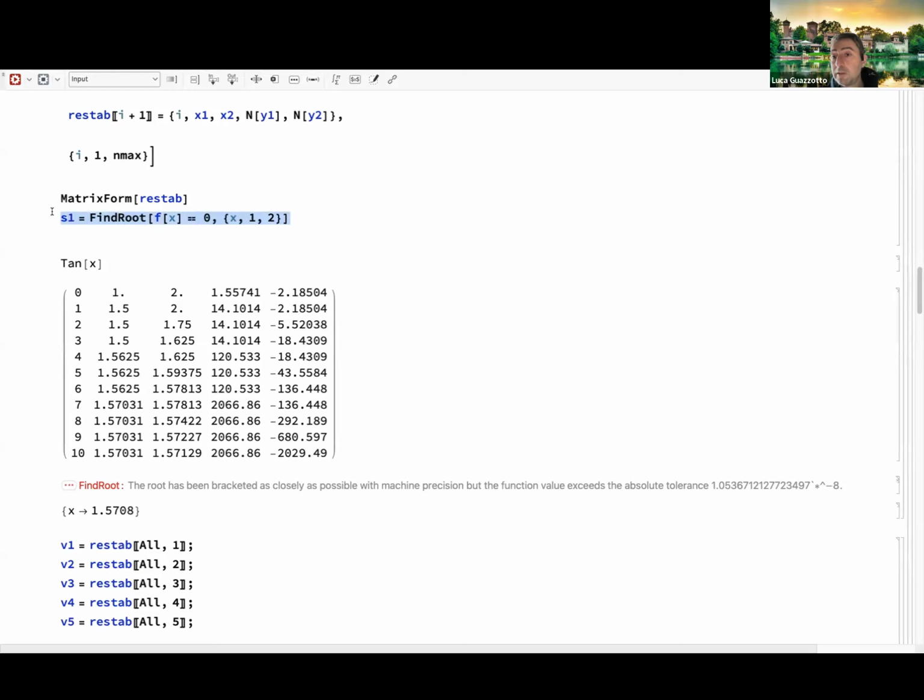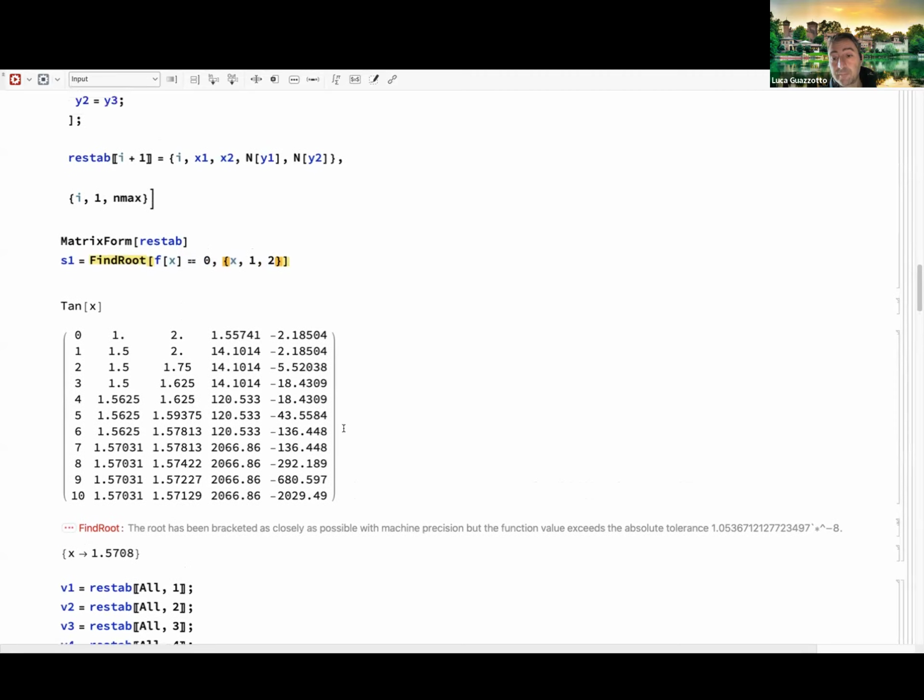Here I'm using the built-in function in Mathematica that's going to find the zero of a root if I give it 1 point or 2 points as an initial guess. So here I'm getting a warning.